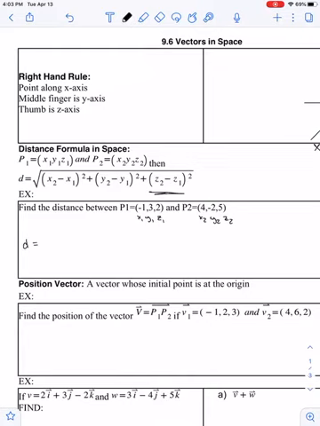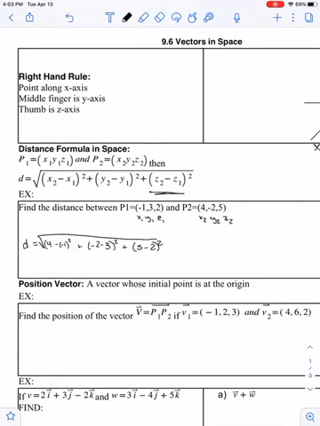So d equals the square root, and I'm going to draw that in last because I want to fit everything underneath it. So 4 minus -1 squared plus -2 minus 3 squared, it's supposed to be 2, plus 5 minus 2 squared, all under the square root.